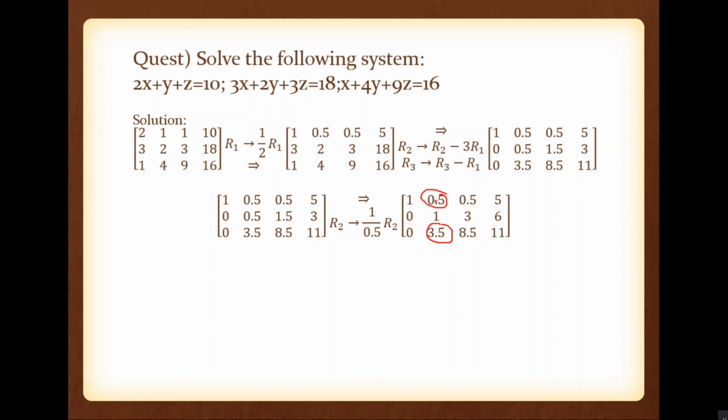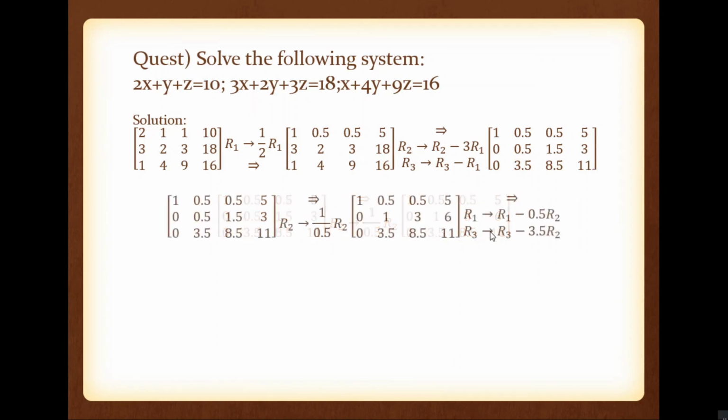In order to remove 0.5, this is first row, so R1 is equal to R1 minus this 0.5 into R2. R2 is the pivot equation. Similarly, this is third equation, so R3 is equal to R3 minus this element 3.5 into pivot equation R2. So this one is a row operation required.